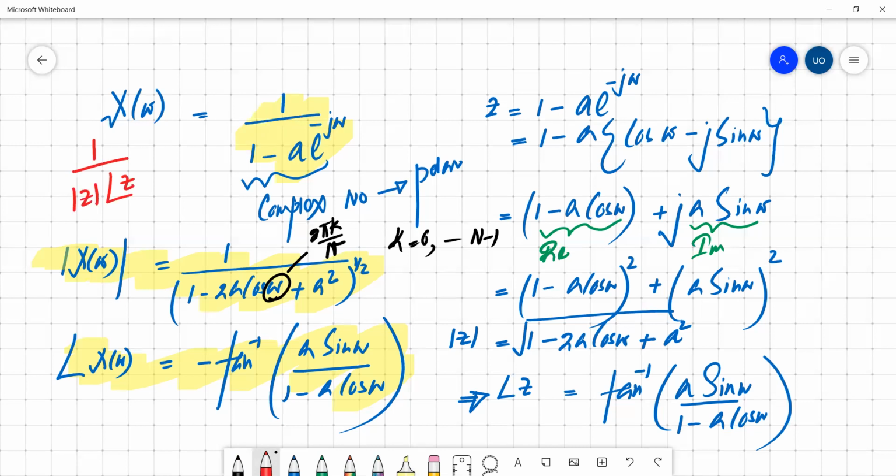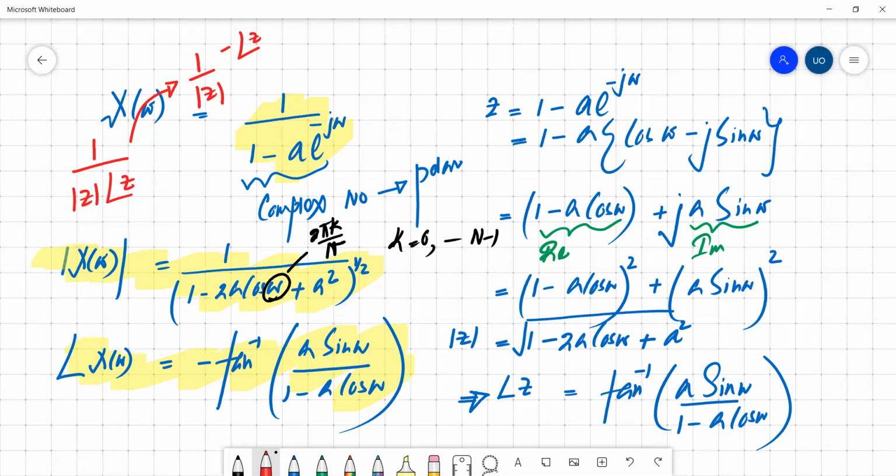So how do you manage this scenario? We can simply say that the magnitude of this total quantity is 1 over mod z, and the angle, you can bring this angle to the numerator, making it minus of this angle.